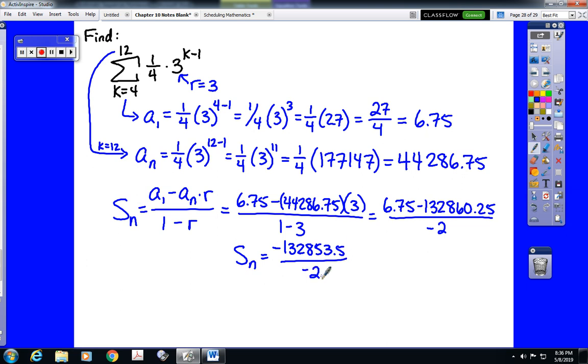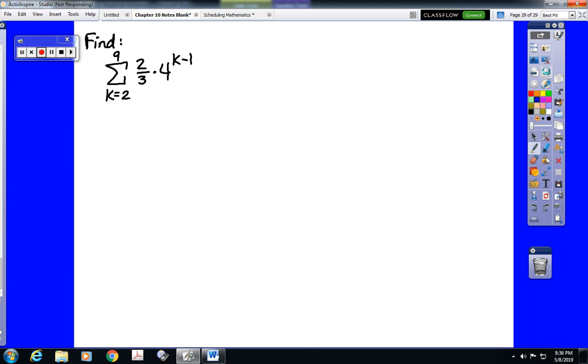So then we divide by negative 2, and we get 66,426.75. Do not round it off, period. One more example. So here's one more sigma notation.